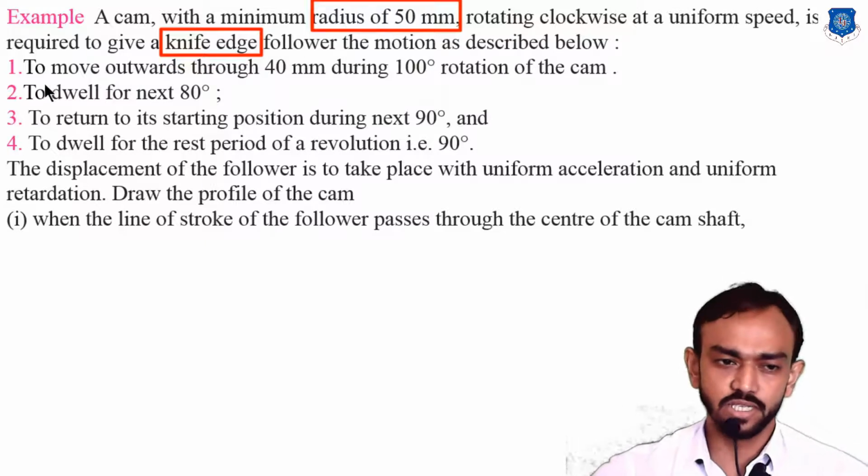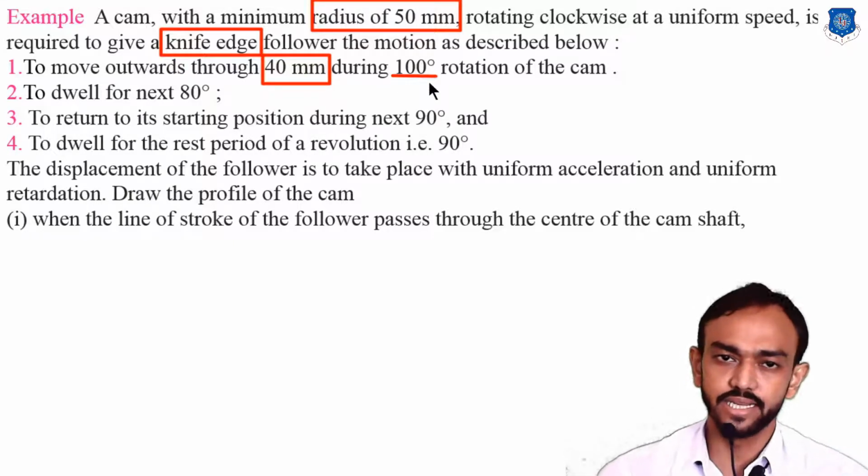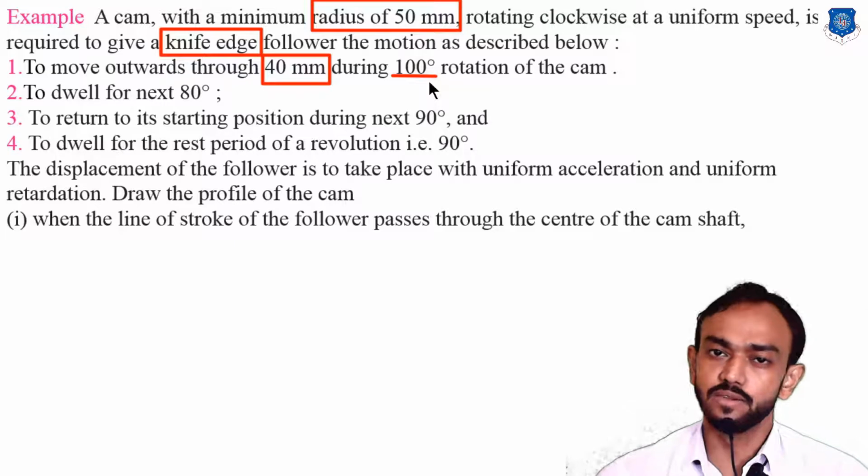First, move outward through 40 mm, which means the lift or stroke is 40 mm, and the angle given is 100 degrees. For the 100 degree rise angle the follower moves upward 40 mm.